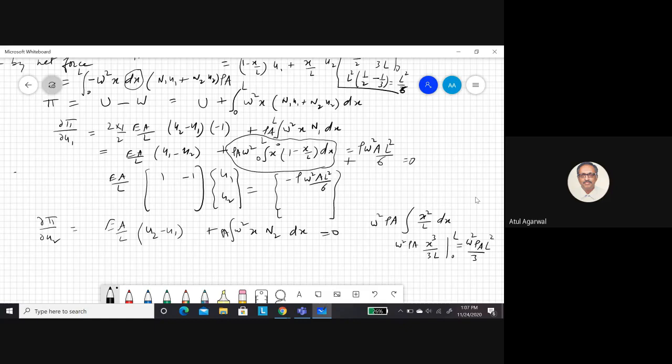So you get EA by L, and here you will have minus rho omega square A L square by 3. So you see what is the total body force if you sum it up? 1 by 3 plus 1 by 6. So this is nothing but 3 by 6. So this is the total body force if you add up the forces on node 1 and node 2.